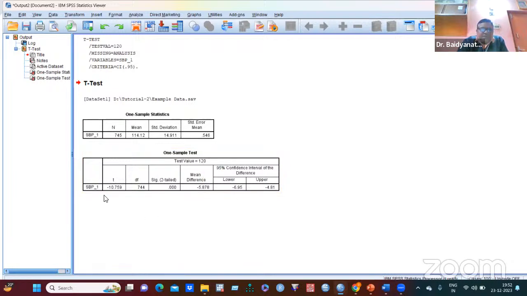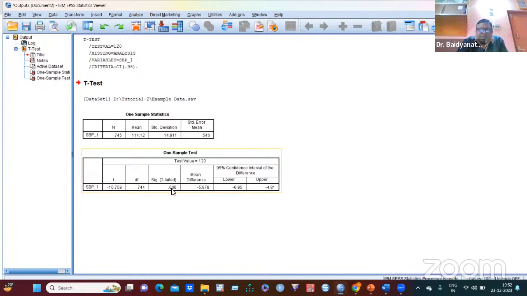Just look at the test statistic, the t value here, minus 10.79, and degrees of freedom 744, and significance, that is 0. Actually, this is not 0. Some value is there after 5 or 6 decimals.